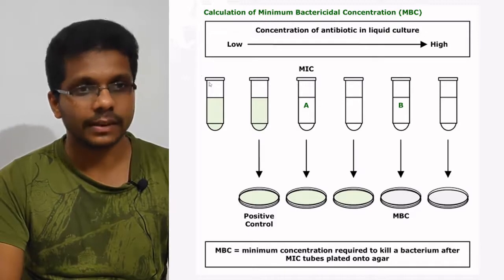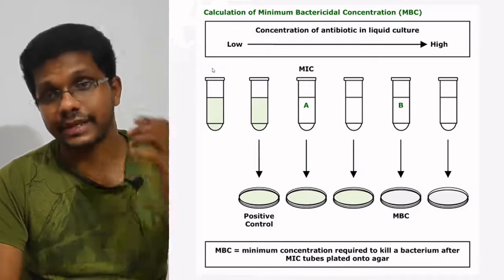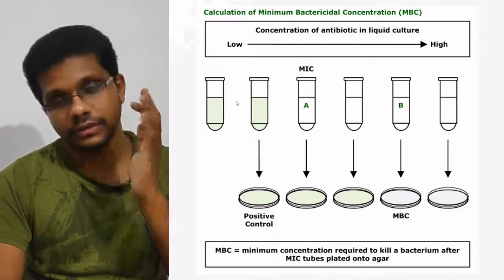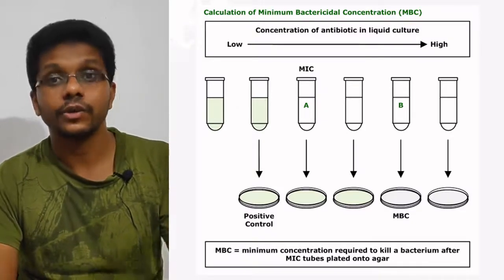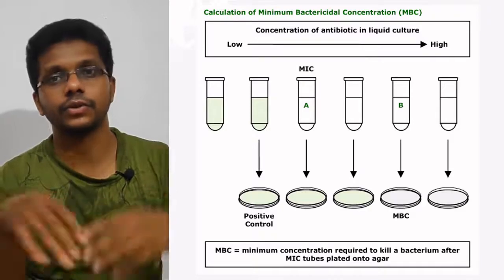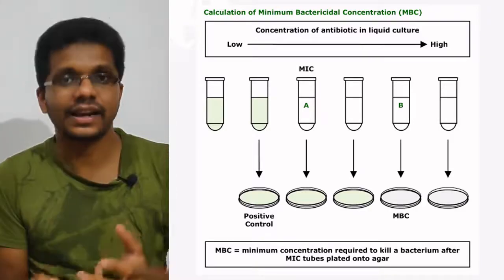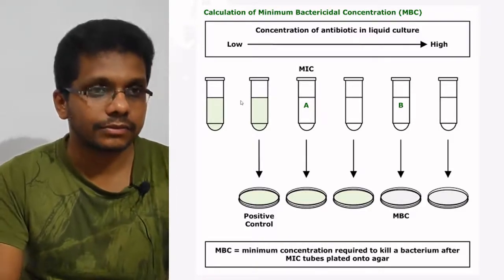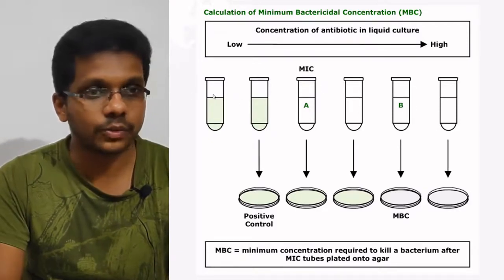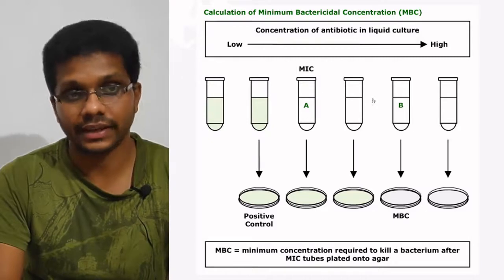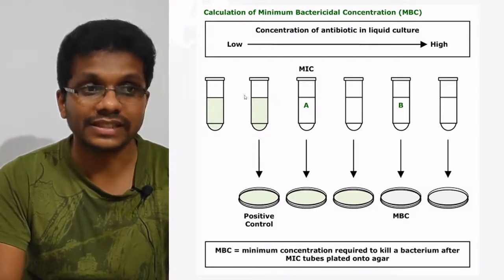So you take the antibiotic producing microorganism, or more precisely, you grow the microorganism and extract the antibiotic. What the figure shows is that we have different tubes. All of these tubes have an equal number of sensitive microorganism.